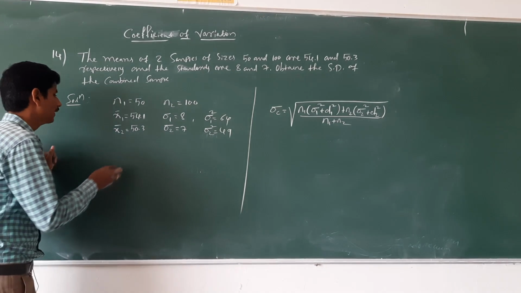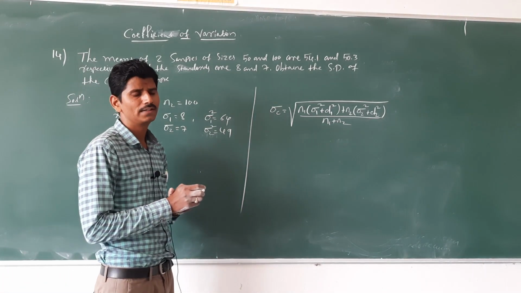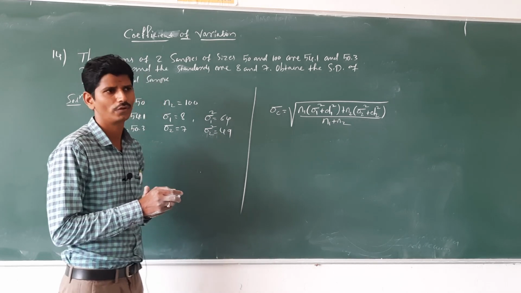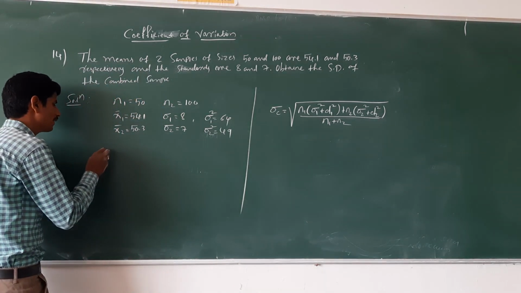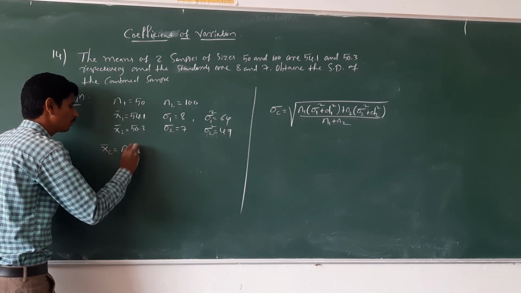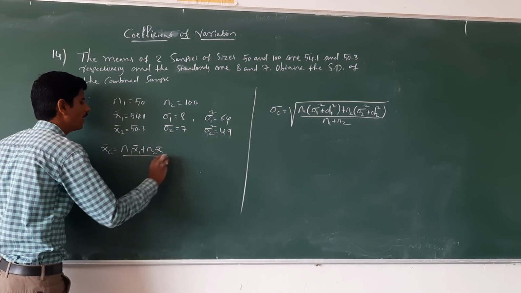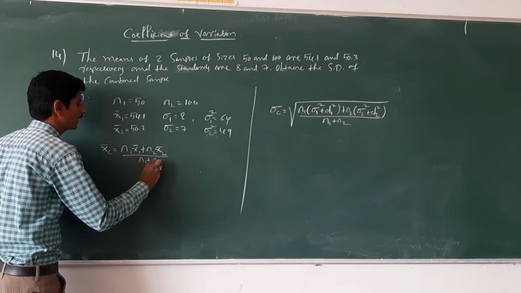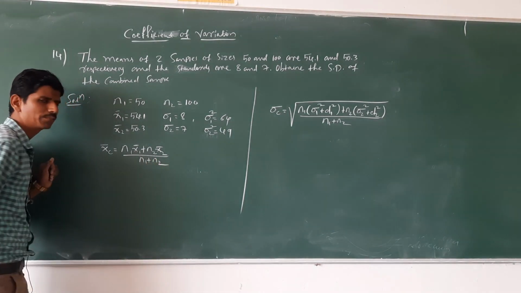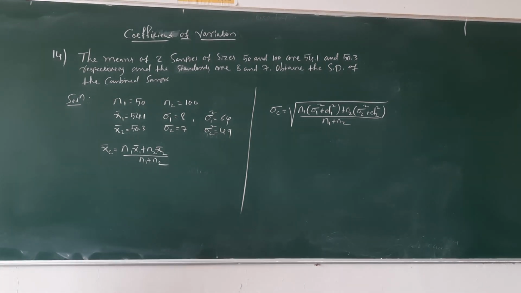How to calculate them? d1 square equal to (x1 bar minus x bar c) whole square. We want the x bar c value. Here x bar c equal to (n1 x1 bar plus n2 x2 bar) divided by (n1 plus n2), that is the combined arithmetic mean.